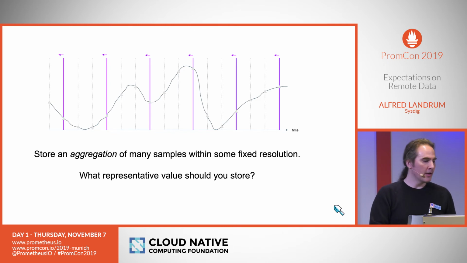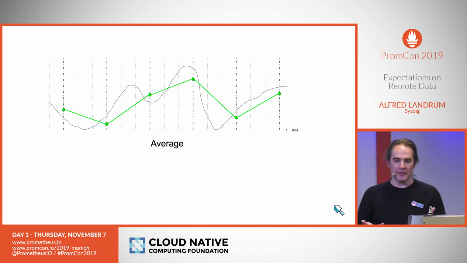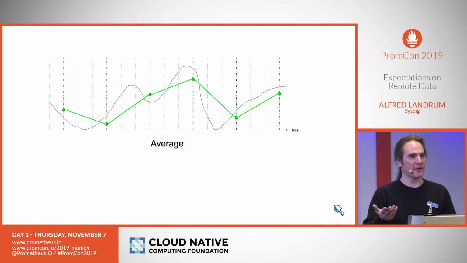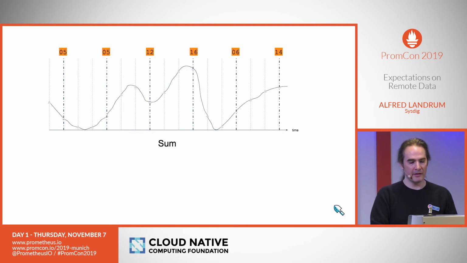So if you do this, what representation should you store within that window? I mean, you can go and calculate an average, which might work for many cases, but as we heard, max is very important, especially if you're looking for peak usage. So maybe you'd also want to store the maximum value instead. And you can come up with lots of other use cases where you really want more than one representation because you want data to specialize for a particular type of query.